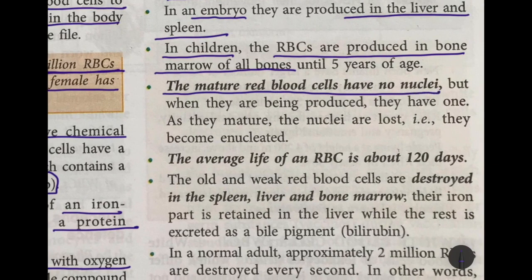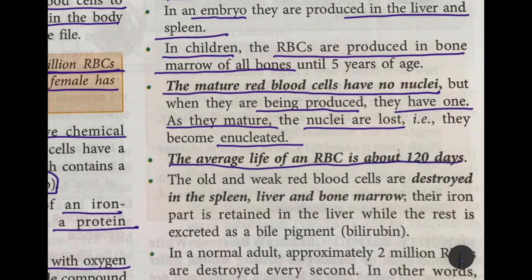But when they are being produced during cell division, they have one, because remember, in cell division, the nucleus must get divided first. And as the red blood cells become mature, the nuclei are lost. That means they become enucleated. Enucleated means no nucleus.